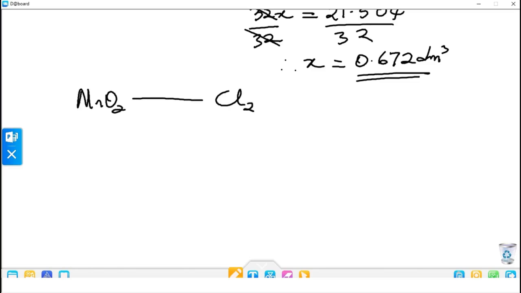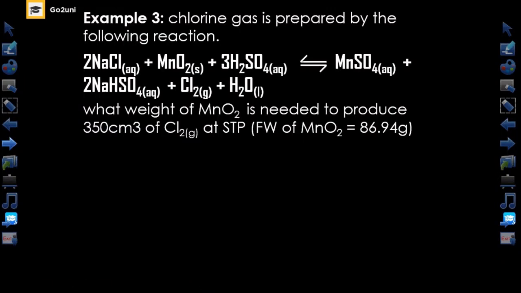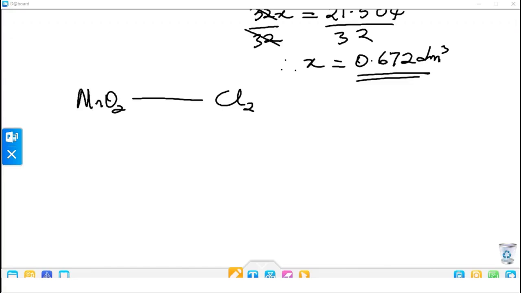Looking at that equation, 1 mole of MnO2 is producing 1 mole of chlorine. MnO2 is at the reactant side, chlorine is at the product side. From the equation, which is already balanced for us, the formula weight, that is the molar mass of MnO2, is 86.94. That is to say, 86.94 grams of MnO2 produces a quantity of chlorine which we don't know.